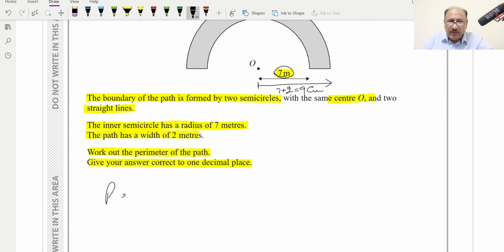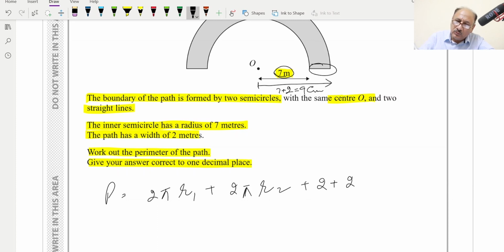First will be 2 pi r1 radius for the first one, plus 2 pi r2, plus this will be 2 plus 2. Why? Because this is 2 and this is also 2. We are adding these straight lengths also.